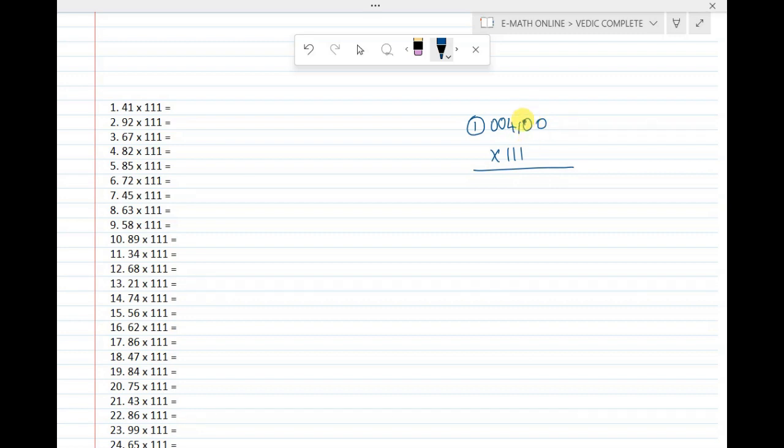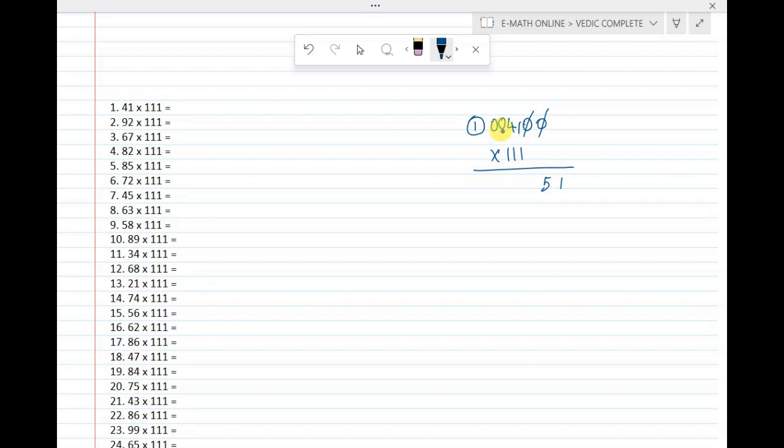First add this 1, 0, 0. You know that will be 1. Cancel that last digit. Now move backward. Again, select the last 3 digits, that is 4, 1, 0. Sum them up: 4 plus 1 plus 0 will be 5. Again, cancel one more 0. For each sum, we cancel the last digit like this.